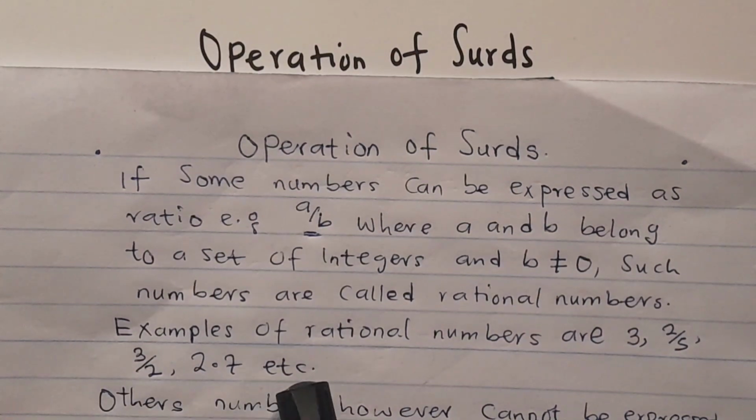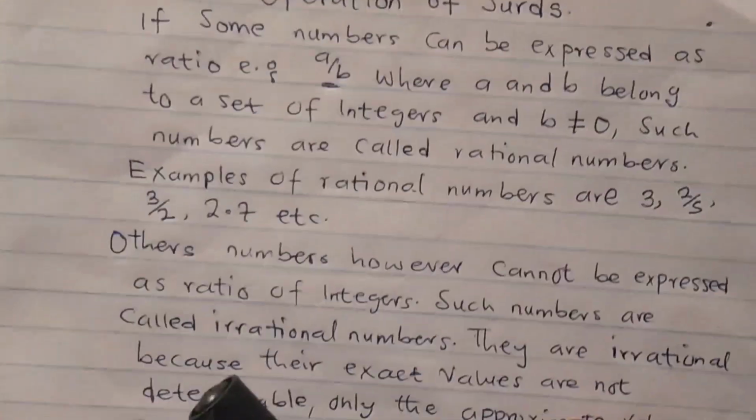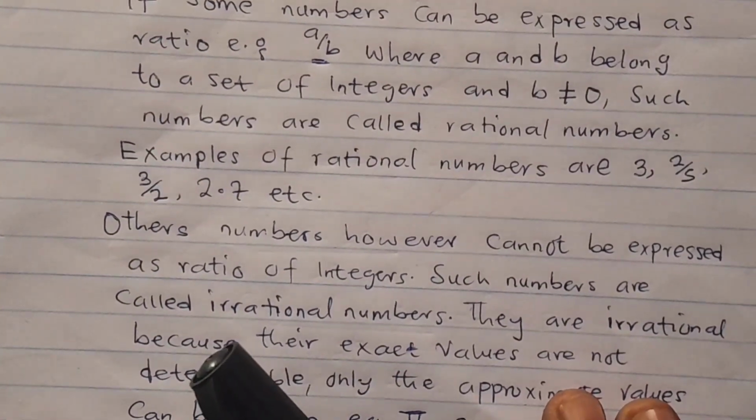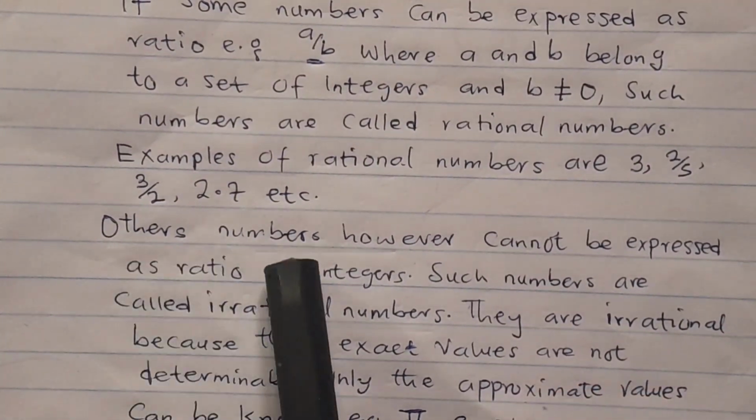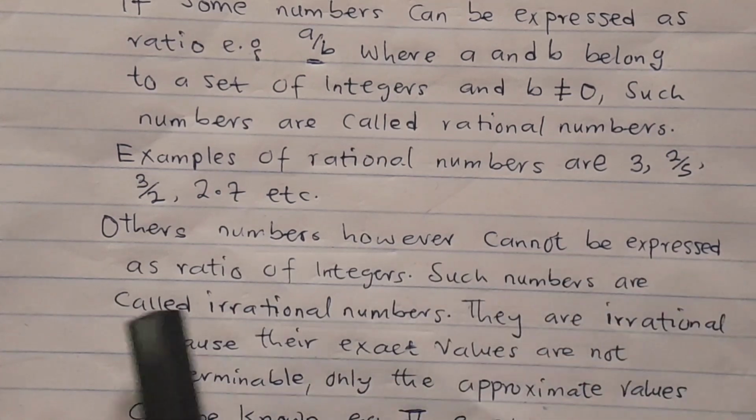Examples of rational numbers are 3, 2 over 5, 3 over 2, 2.7, and etc.